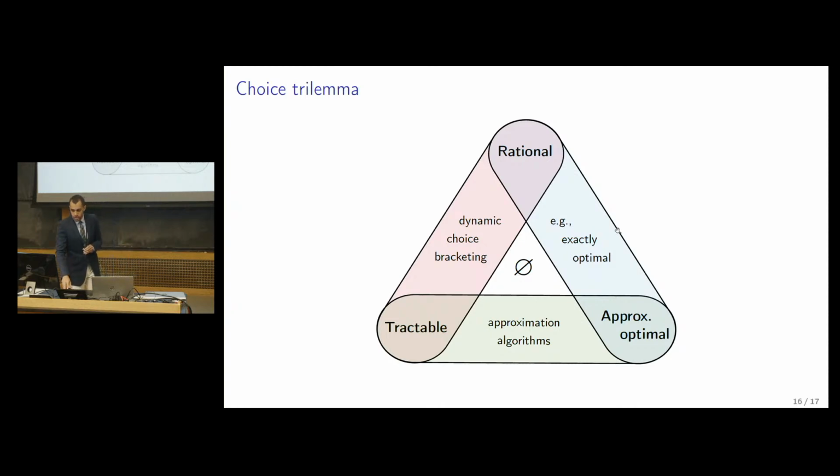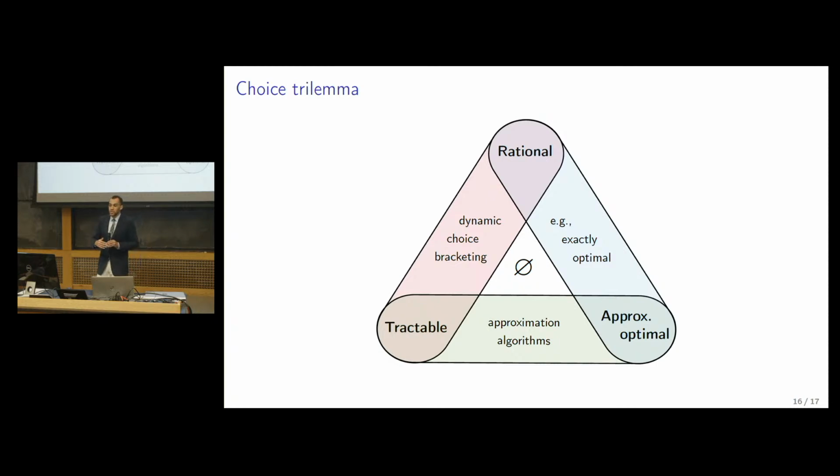My fourth theorem showed that the intersection of these three sets is empty. In other words, while you can guarantee any two of these properties, tractability and rationality, rationality and approximate optimality, tractability and approximate optimality, you cannot guarantee all three. So as a decision maker, if you are computationally constrained in the sense that I've defined, and your choice correspondence must be computationally tractable, then you have a meta choice to make.